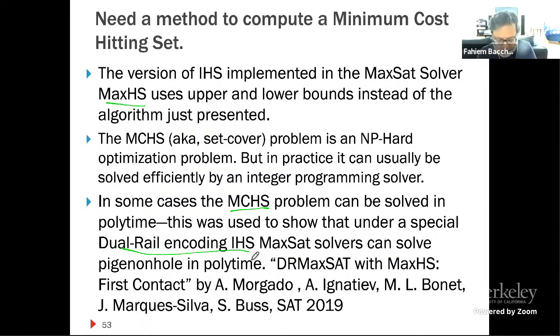And you only need to generate a polynomial number of cores, all of which can be done in polynomial time. So that paper gives you an indication that this method has different power over simple core solving.